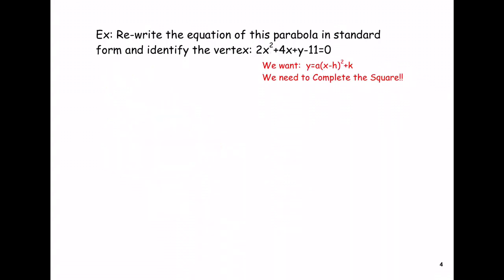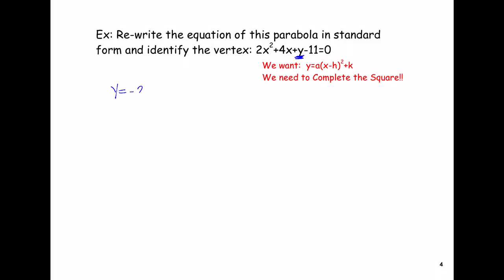The next example says rewrite the equation of this parabola in standard form and identify the vertex: 2x squared plus 4x plus y minus 11 equals 0. Again, we want to move everything away from our y. So our y is going to remain on our left-hand side.